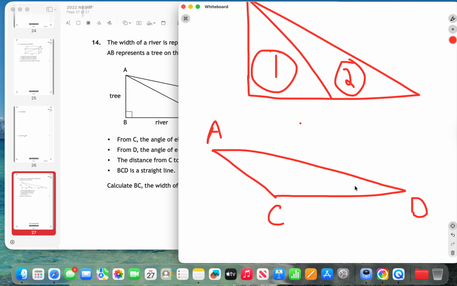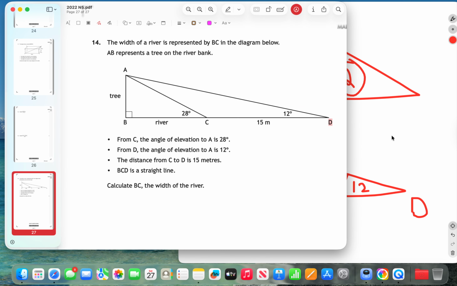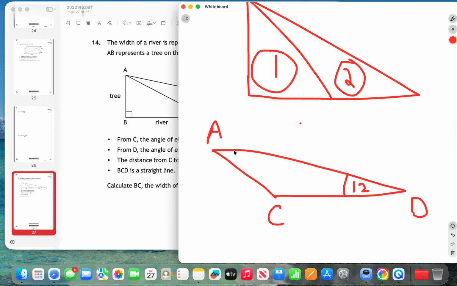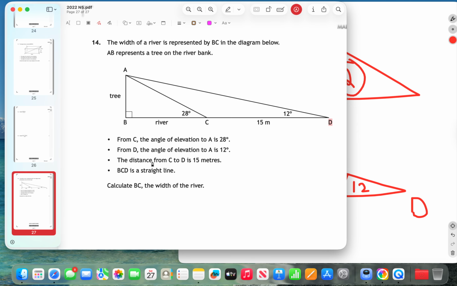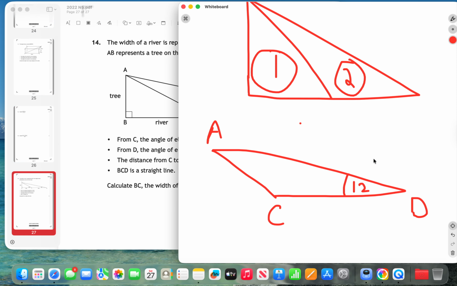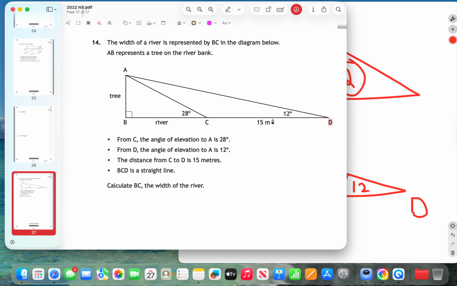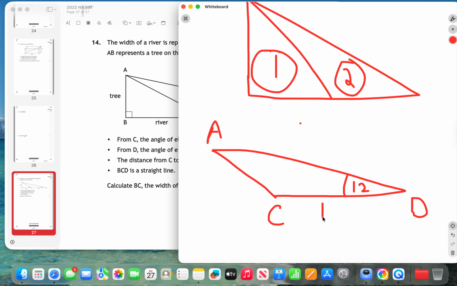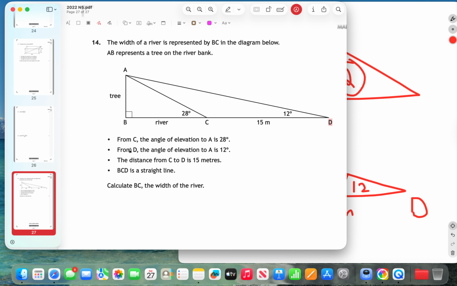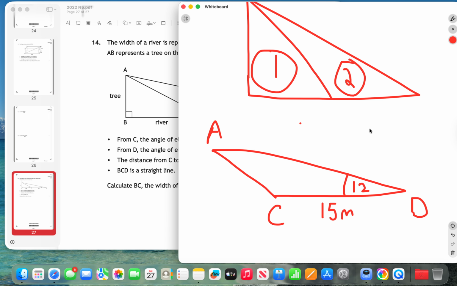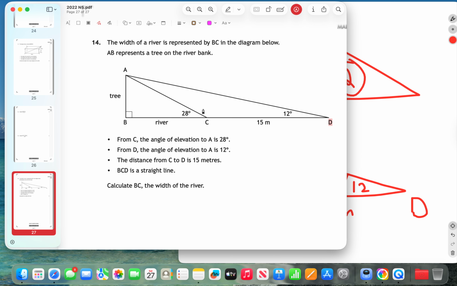So what do we know? We know the angle is 12. And we want to find AC. So we know one pair of information, and we have, this is 15. And in order to find the angles, well, 180 take away 28 is 152.